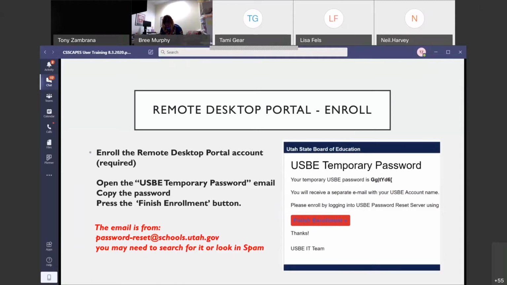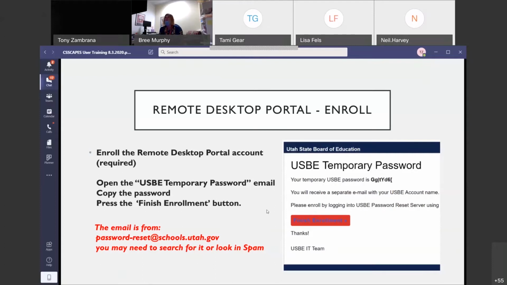So if you've already been enrolled and logged into RDS portal, you're pretty much there. The rest of us, after this meeting, I can send out that enrollment email. So like I said, you need to have an account enrolled, and that starts with the email. So I'll send that out.